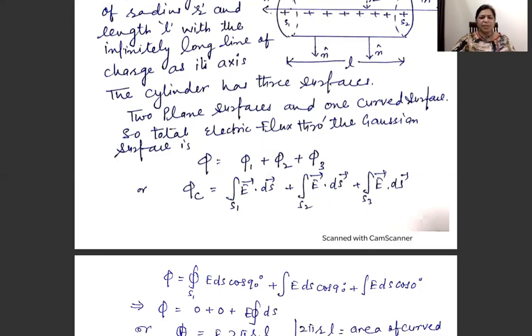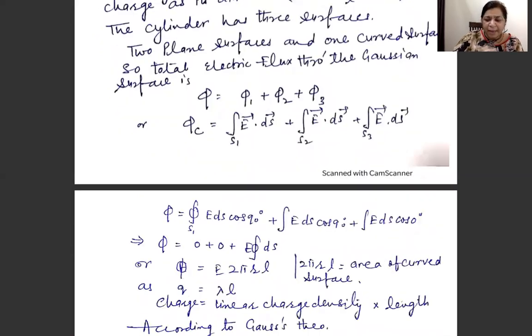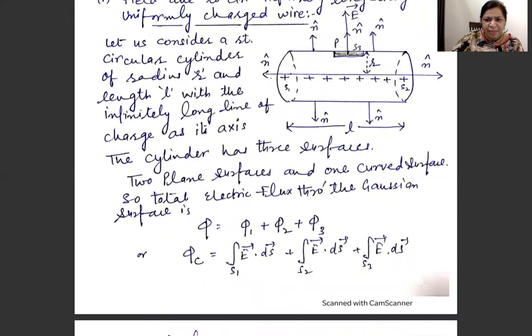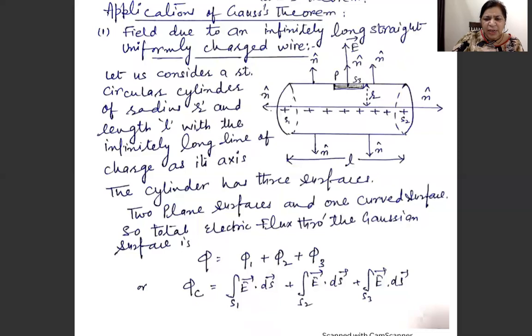Phi1 will be equal to the integral of E dot ds for the surface S1. Phi2 is equal to the integral of E dot ds for the surface S2. And phi3 is equal to the integral of E dot ds for the surface S3. Now, as you can see from the figure, for the surface S1, the direction of electric field intensity and the unit area vector n cap have an angle of 90 degrees.